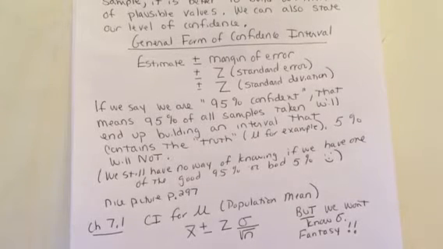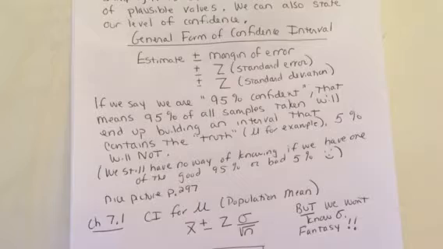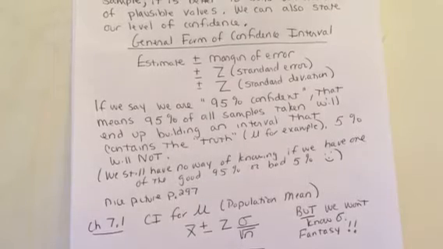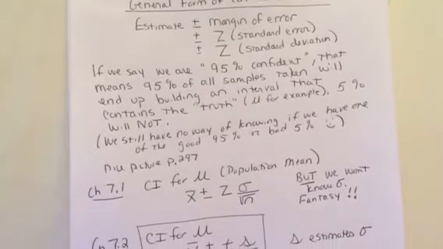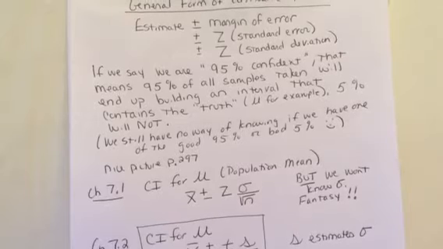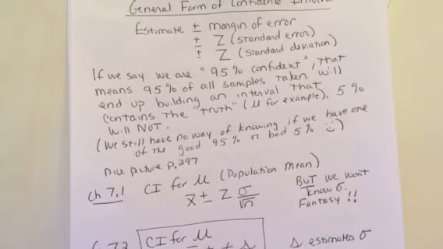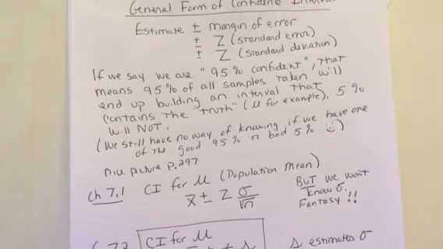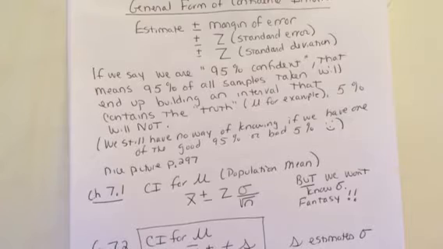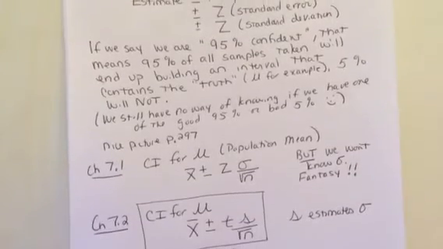Mu, for example, would be the population truth, the population mean. 5% of them will not. Now, in real life, we still have no way of knowing if we had one of the good samples or one of the bad ones, but at least now we can quantify how confident we are. I believe there is a nice picture in your book.